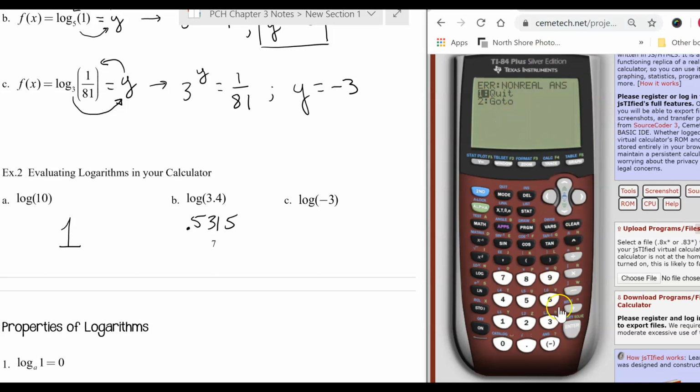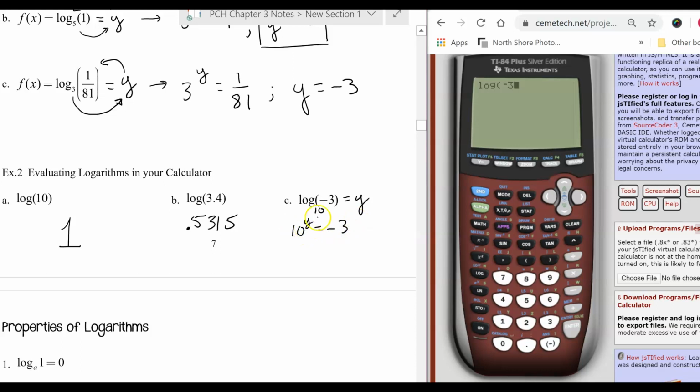So let's take a look at that. What this is saying is, let's let this equal y, and then this is our base 10. So let's rewrite this in exponent form. 10 to the y is equal to negative 3.